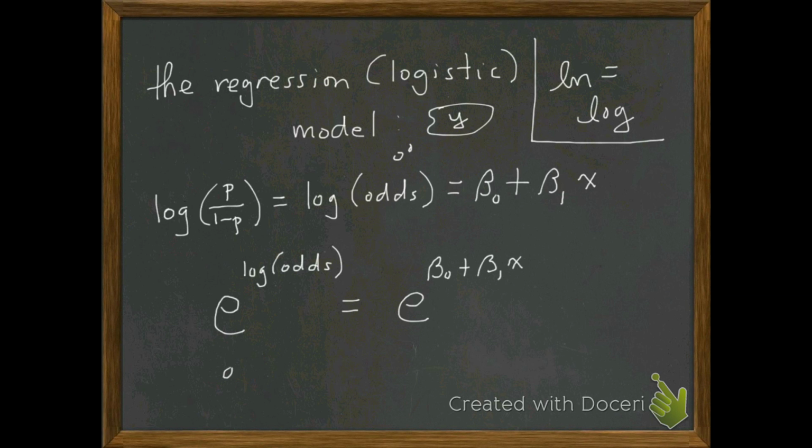So we can see it over here. The odds will be given as e to beta 0 plus beta 1x. So we'll demonstrate that via this example. So guys, again, what are we trying to do here? We want to fit the model.